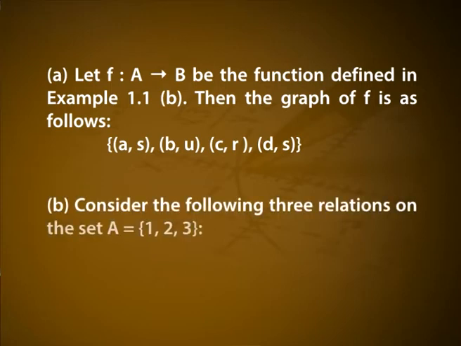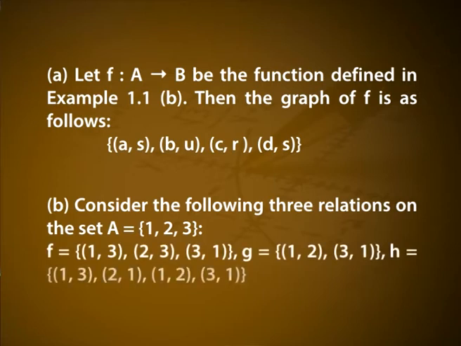Consider the following three relations on a set A = {1, 2, 3}: f is the set {(1, 3), (2, 3), (3, 1)}, g is the set {(1, 2), (3, 1)}, and h is the set {(1, 3), (2, 1), (1, 2), (3, 1)}. f is a function from A into A since each member of A appears as the first coordinate in exactly one ordered pair in f.